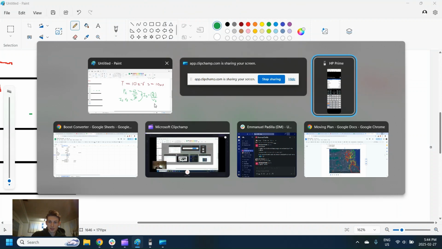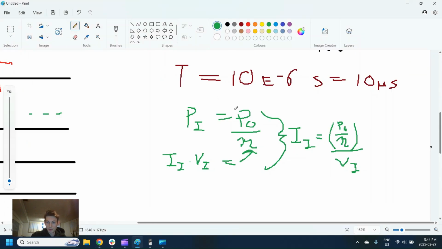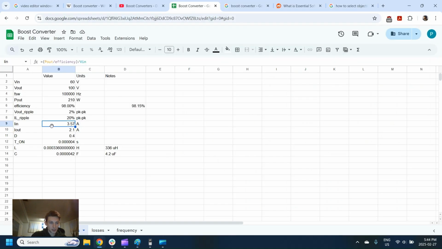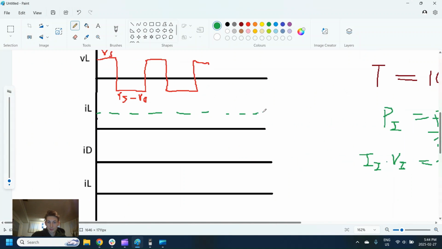And you can see that I have done that here in the Excel sheet: P out divided by efficiency divided by V in. We'll see what it is here. So 3.57. That's good. So that's going to be I in average.